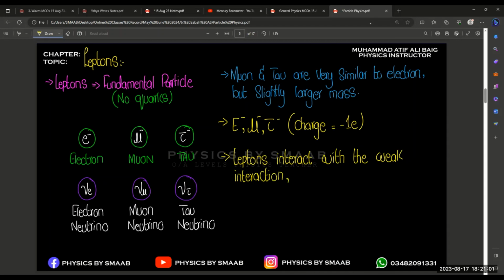So in this point, we are talking about leptons interacting with the weak interaction. Weak interaction means we are talking about weak forces. And what are the weak forces? The electromagnetic and gravitational forces, right?